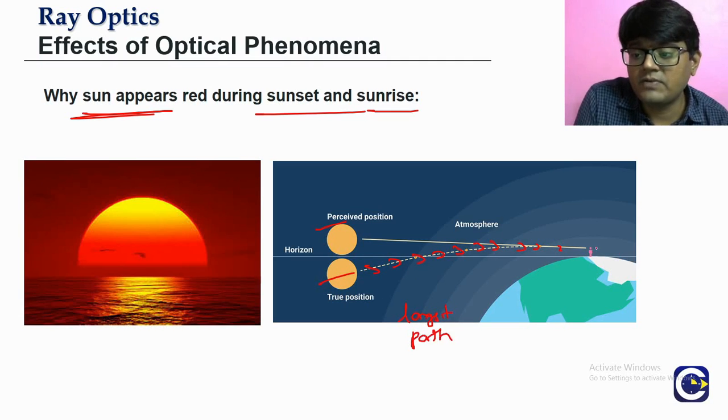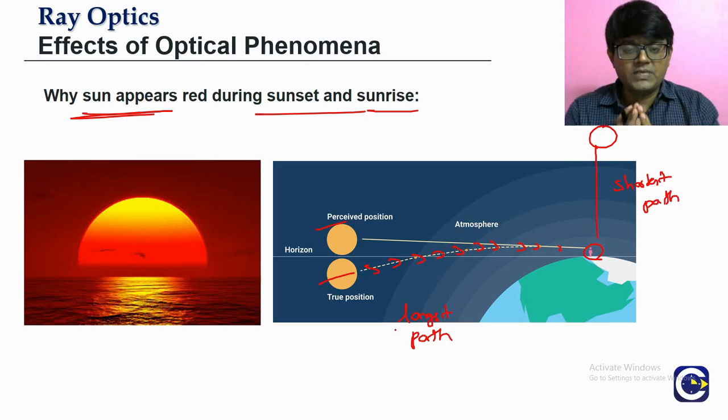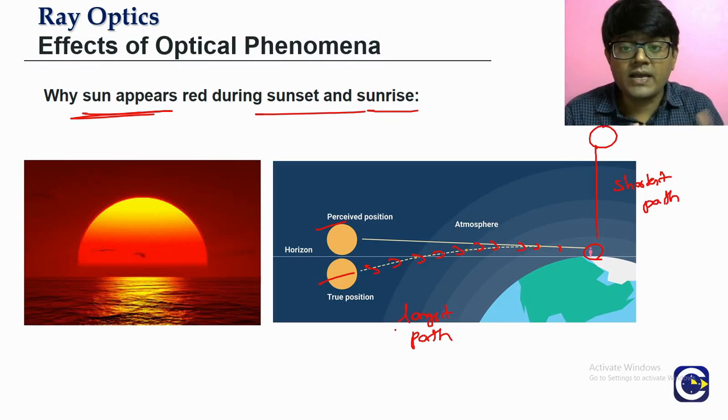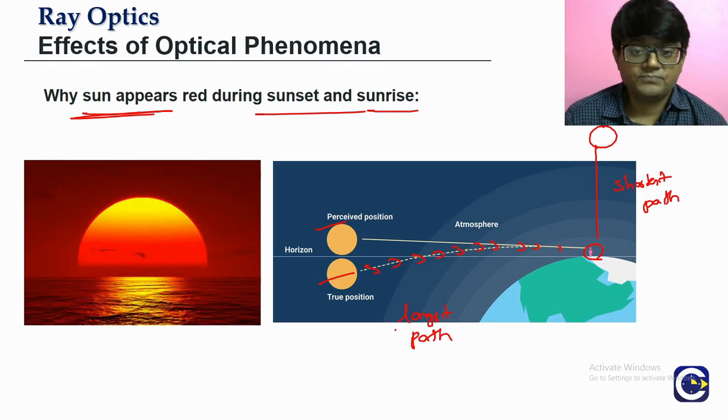So we are the observer, we are here, it will be the longest path. When the sun is at midday, it will be the shortest path. For any observer, the sun rays will travel through the longest path when the sun is at the horizon.